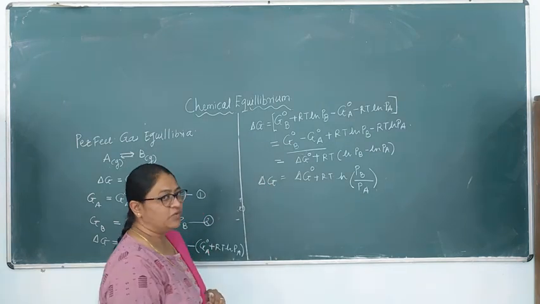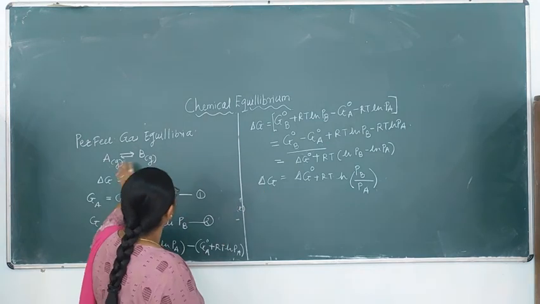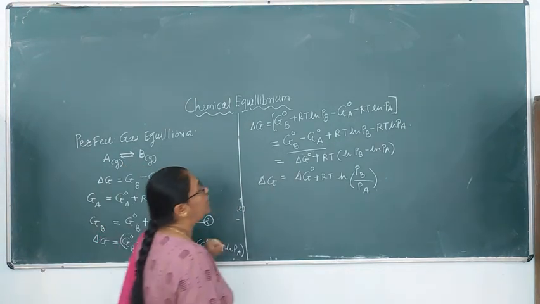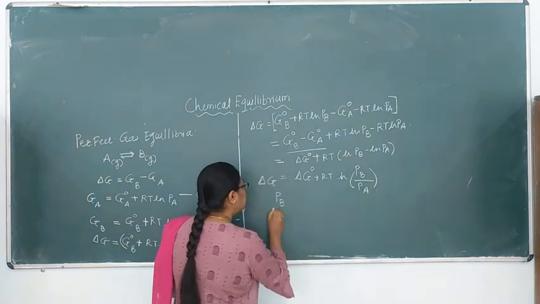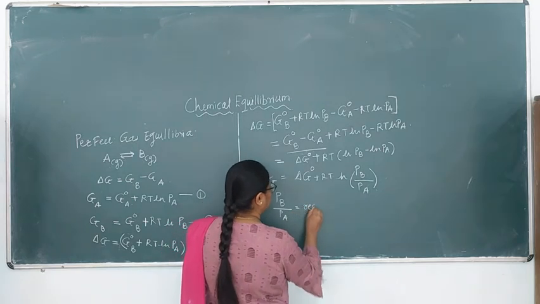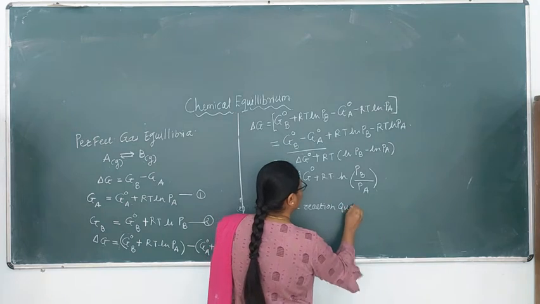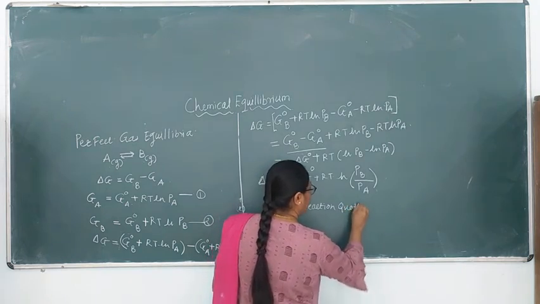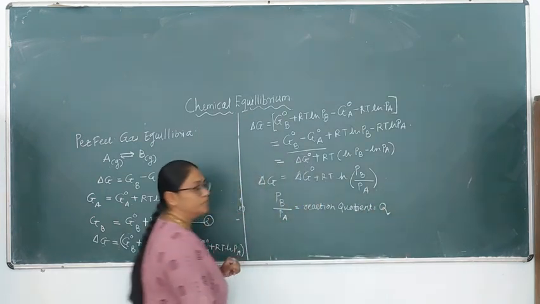This is the equation to calculate the change in free energy for this perfect gas equilibrium reaction. Now, this PB by PA is called the reaction quotient, which is denoted by capital Q.